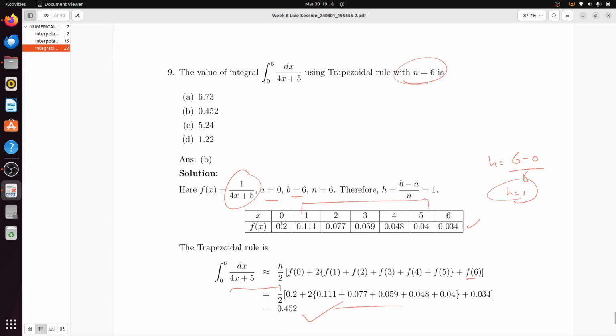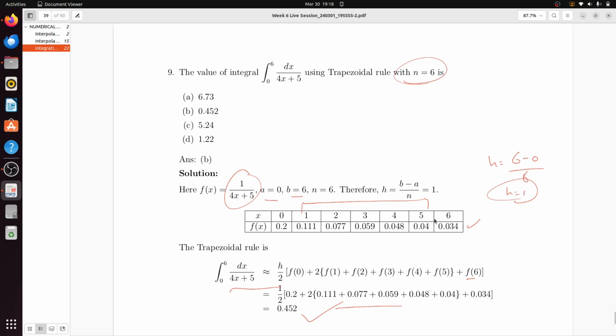Similarly, you can also use Simpson's 1/3 rule. How? Because you have step size 1, it will be h by 3 times f0 plus 4f1 plus f2, plus f2 plus 4f3 plus f4, plus f4 plus 4f5 plus f6. So the answer will be h by 3 into f0 plus 4f1 plus 4f3 plus 4f5 plus 2f2 plus 2f4 plus f6.